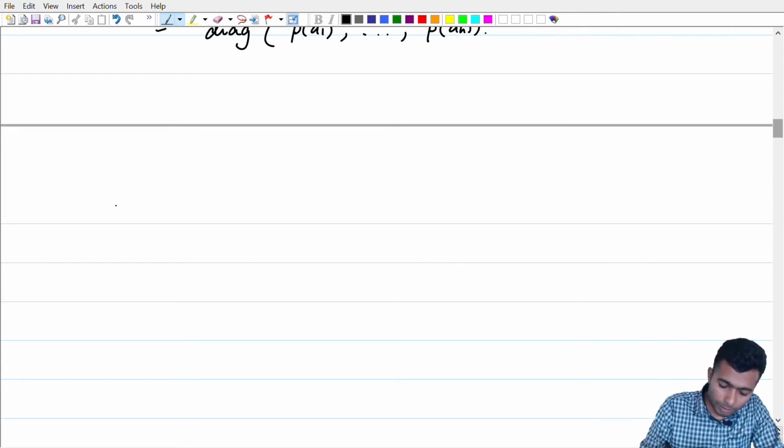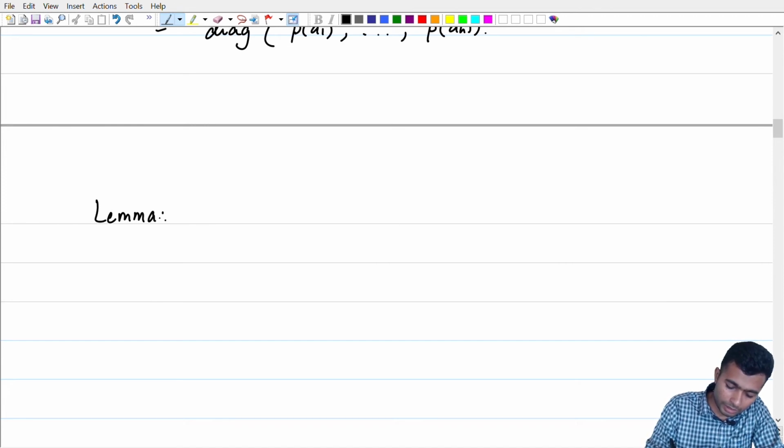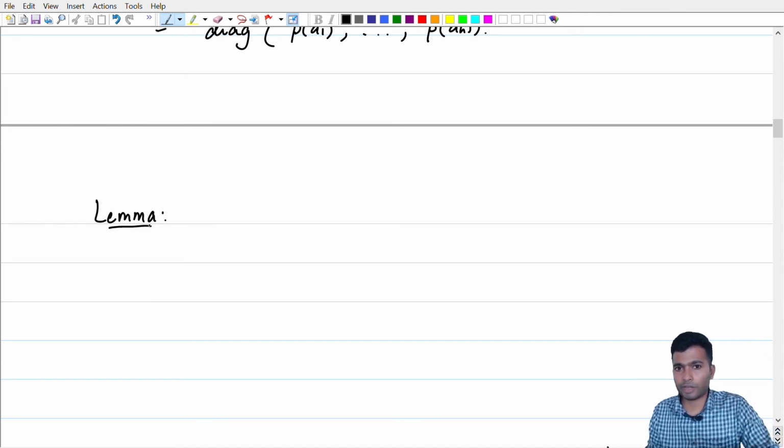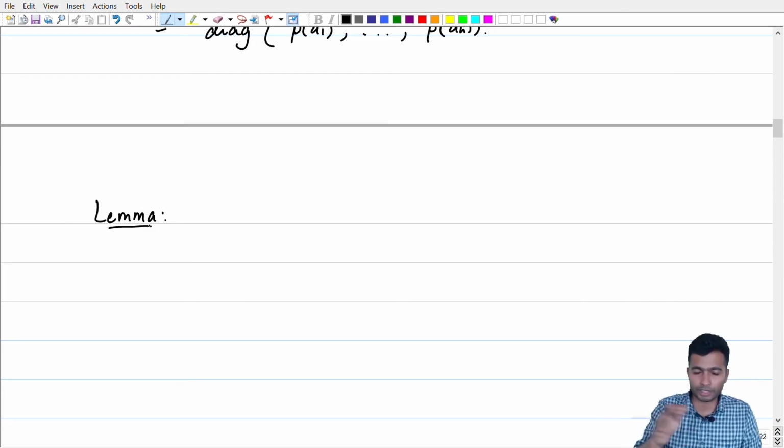So another proposition to note, maybe a lemma. Let's forget the factorization.